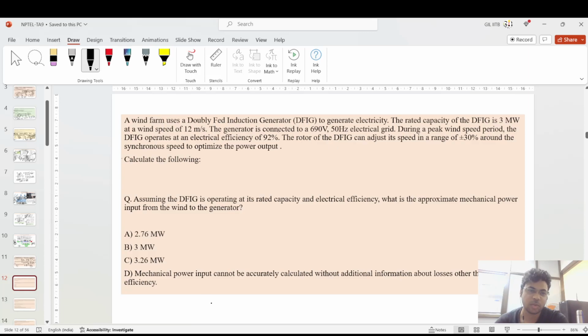Moving to the second problem, that is important. Try this question. It is the same question, only you have to give me the approximate mechanical power.